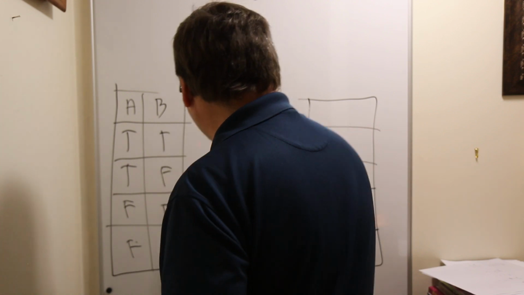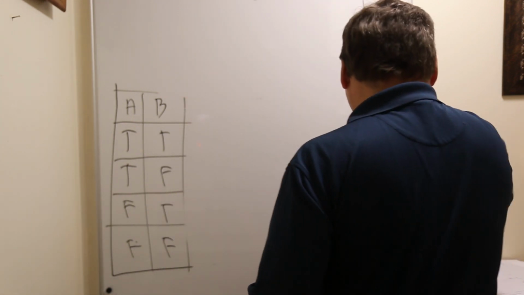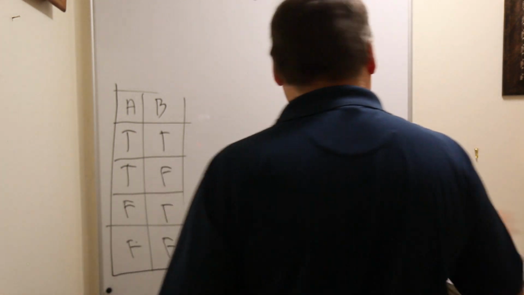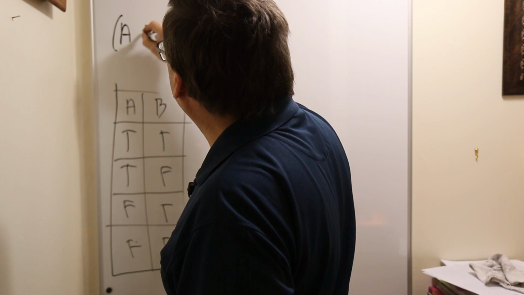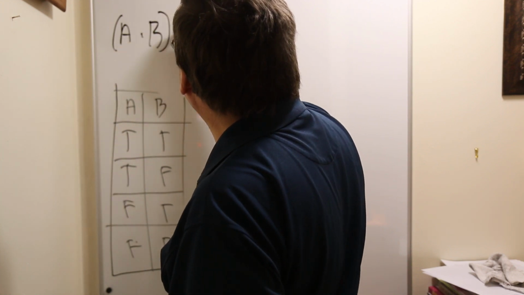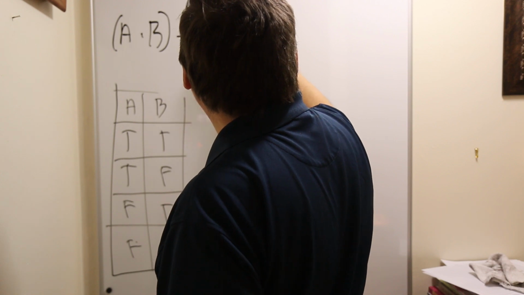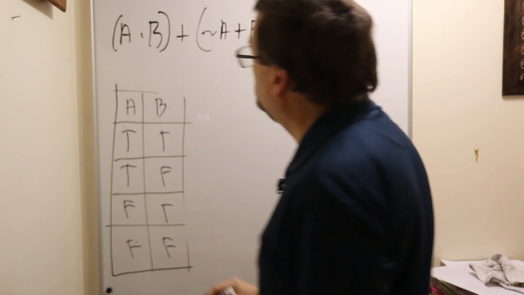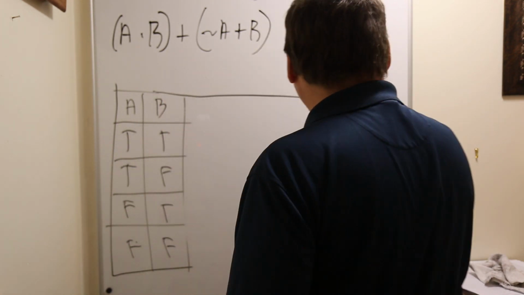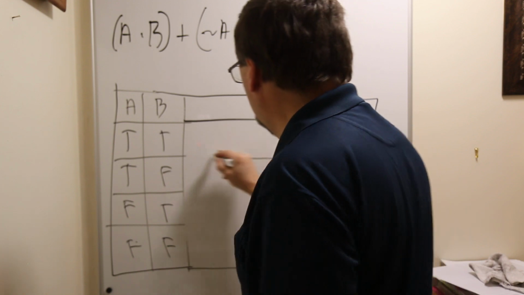Oh, let's just erase this and start over. All right, so let's do A and B or not A or B. So we need a truth table, we need our lines.